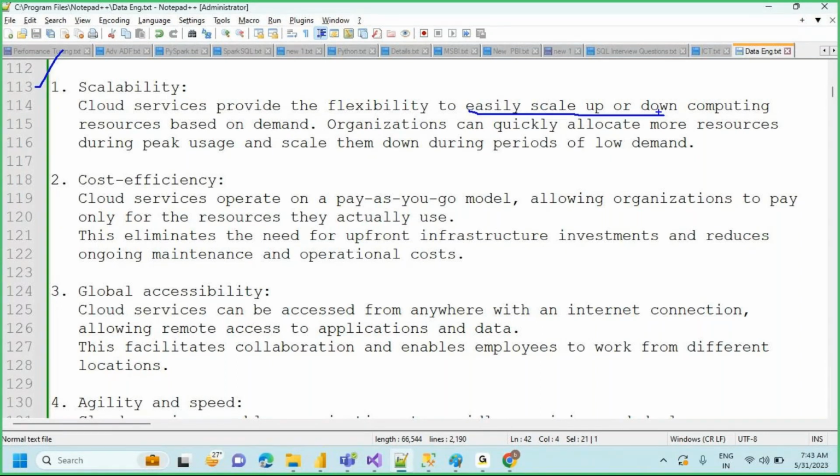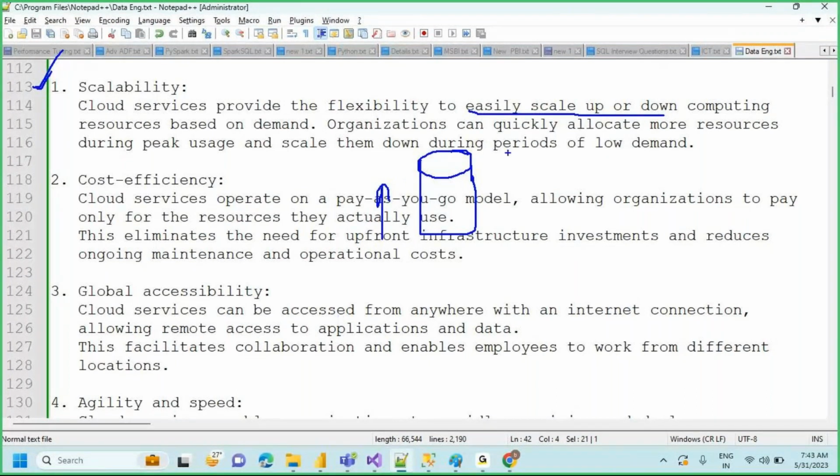I told you, if I wanted to increase my compute power, I'm going to show you. I'll create a database in Azure. How we can scale up, I'm going to do practically so that we can get better clarity.